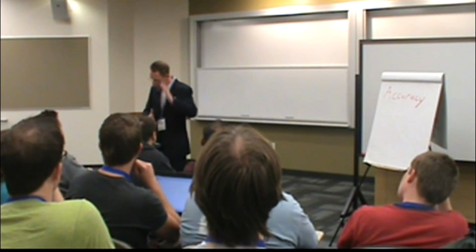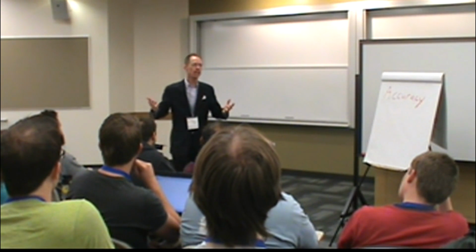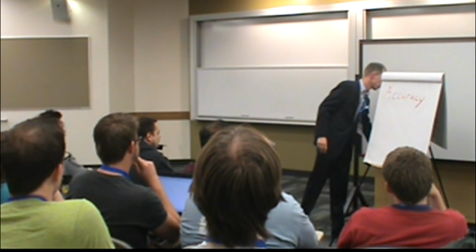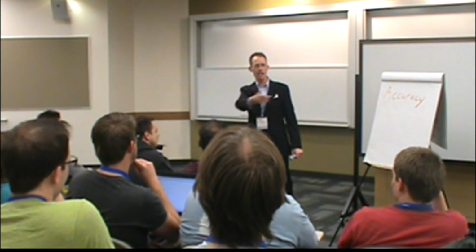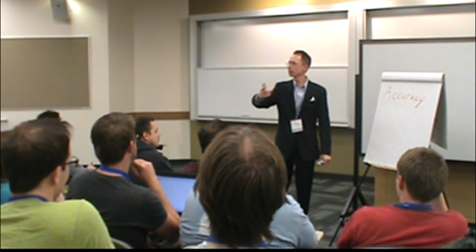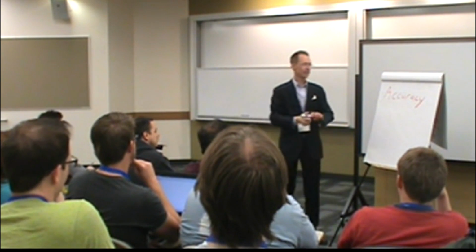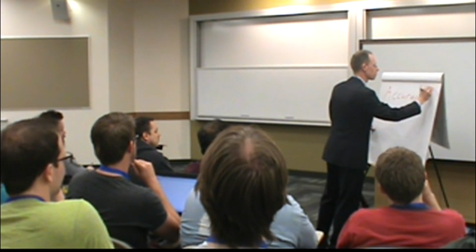So 100,000 tweets, 5 people each. Guess how many times all 5 people agreed? What do you guys think? 20%? 80? 0? Any others? Okay, so they agreed 44% of the time.